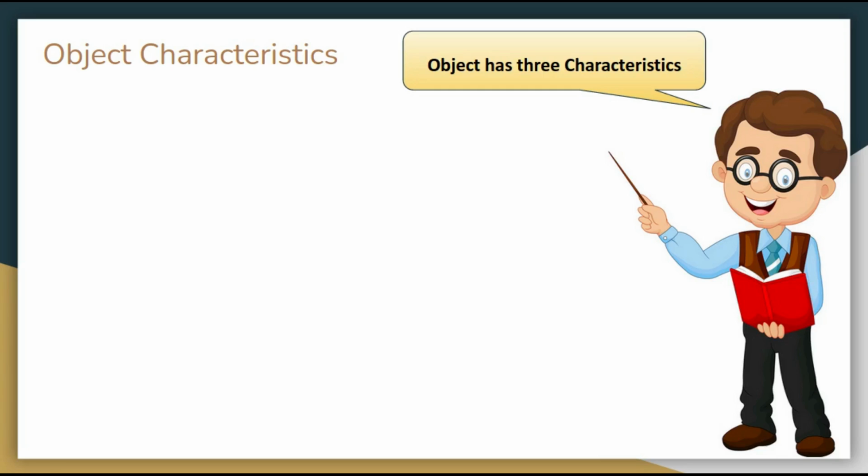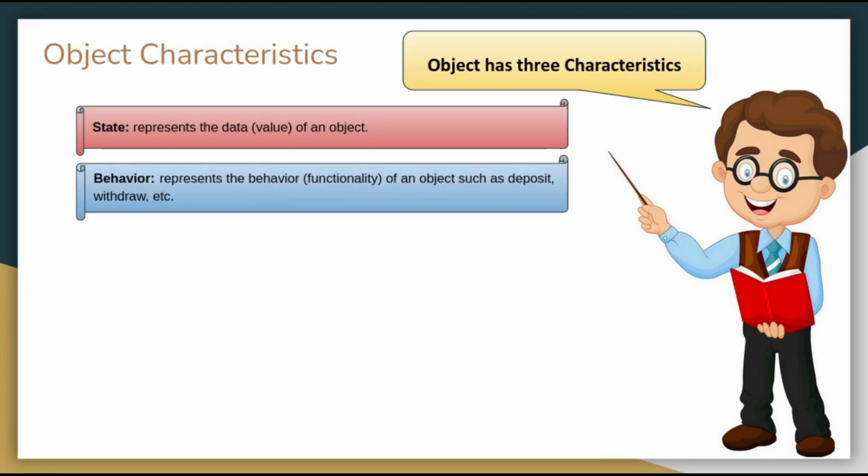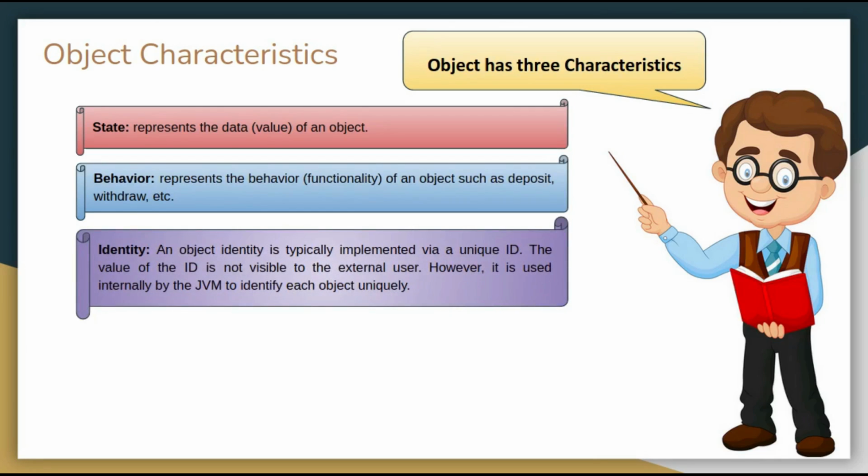An object basically has three characteristics. One is state. We just discussed state: it has its own data or its own values. Behavior: it has its own functionality, what it can do. And then identity. Identity is like, for example, our Aadhaar card.